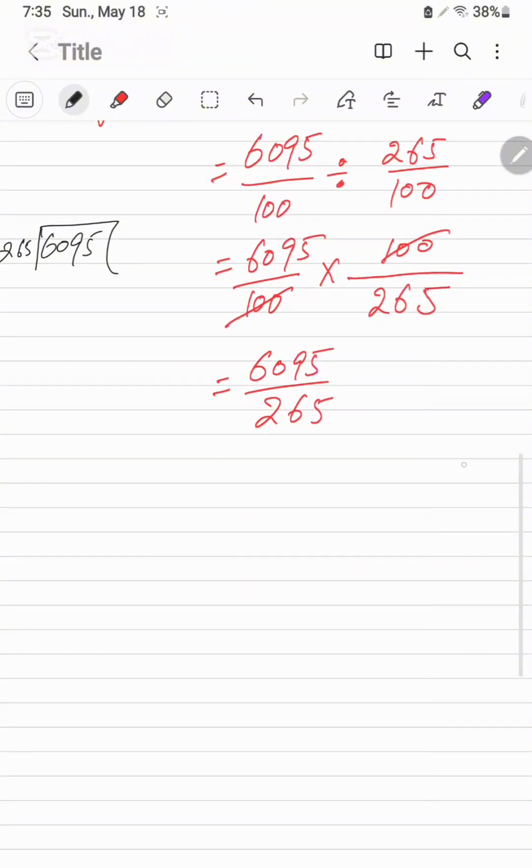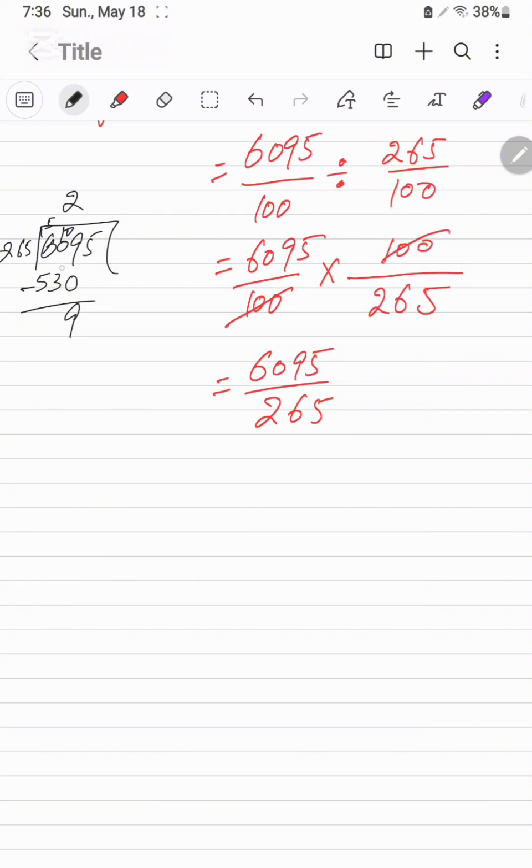Now we will multiply 265 by 2. It will be 530. We will subtract, it will be 9 and here will be 10 and 5 here.